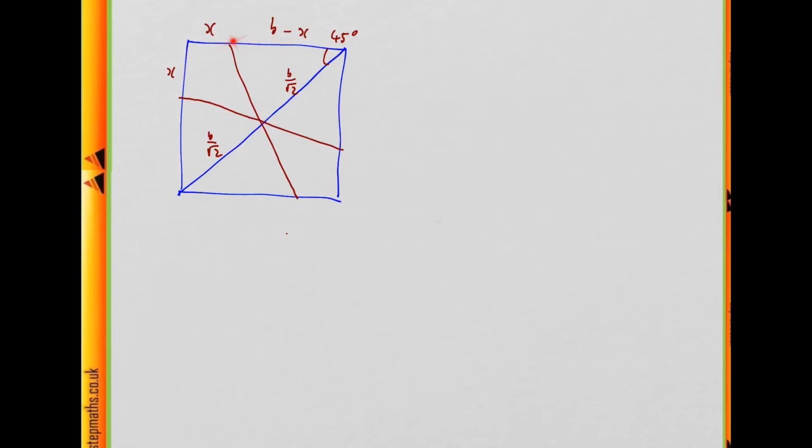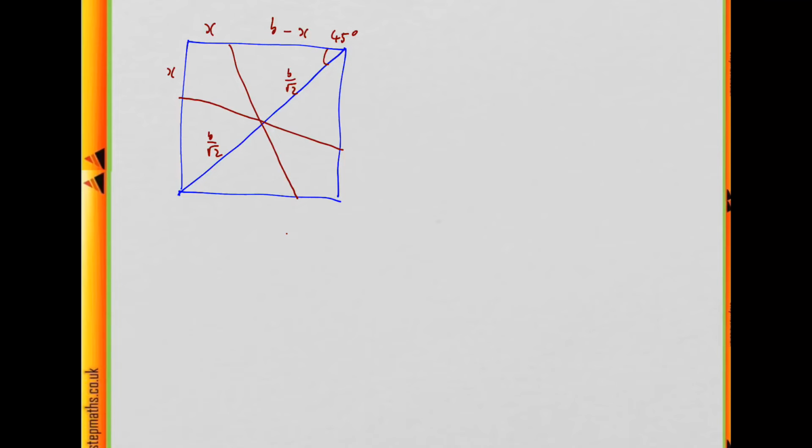And if this is x, I also know the length of these edges, which is b minus x. So there's a lot of stuff I don't know. I don't know the lengths of these red lines. I don't know these angles here, or this angle. But actually, I've got enough information to write down the area of this triangle here.